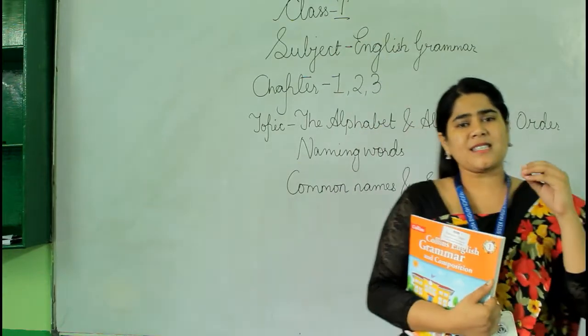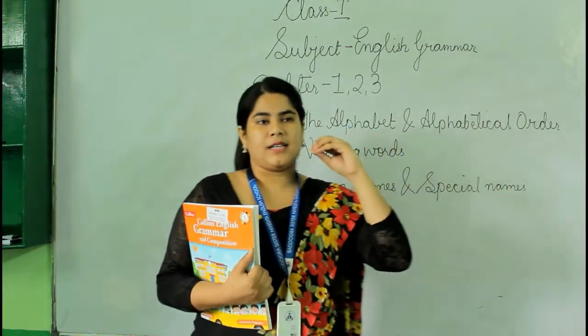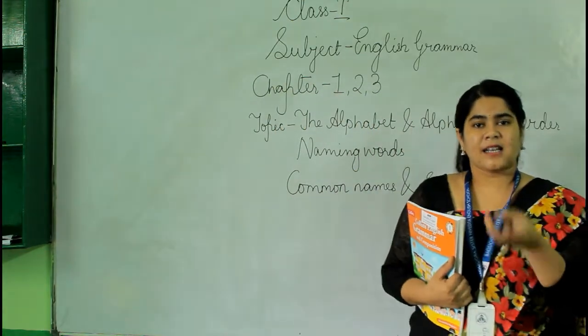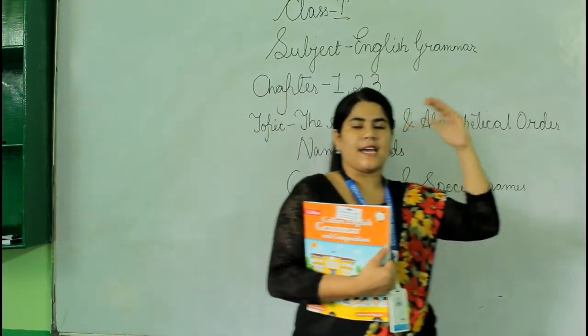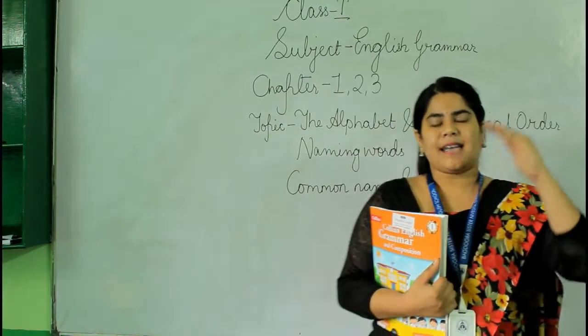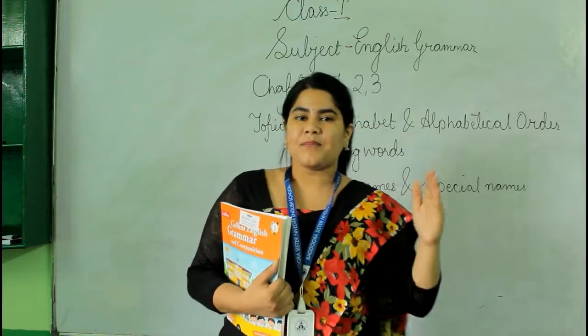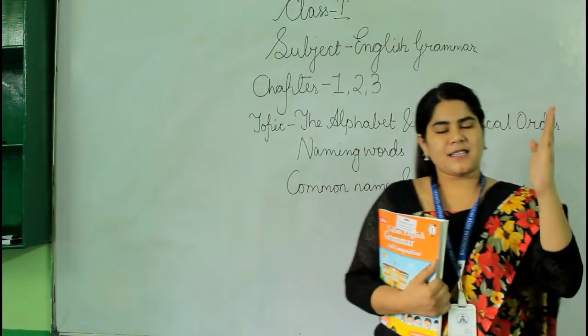Okay? Just see, what if I say D comes after A or H comes after D? Is it correct? No, it is not correct. It has A to Z. Starting from A to Z, it has a sequence manner. Like what comes after A? It's B, then C, then D. Means it is in a sequence manner.